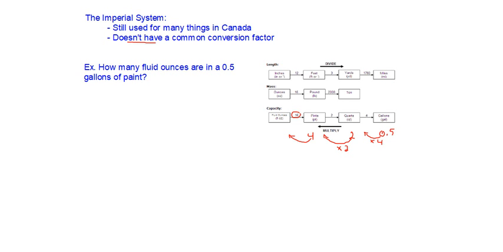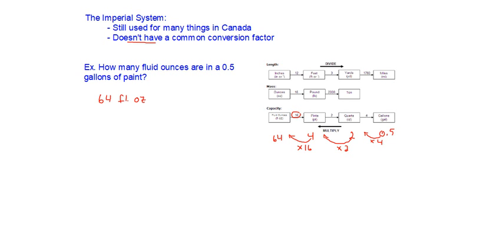We're going from right to left, so we would end up multiplying by 16. So 4 times 16 works out to 64. So 0.5 gallons would equal 64 fluid ounces.